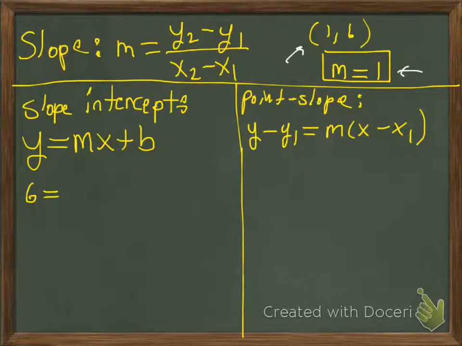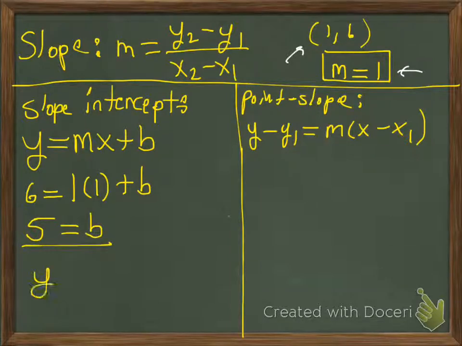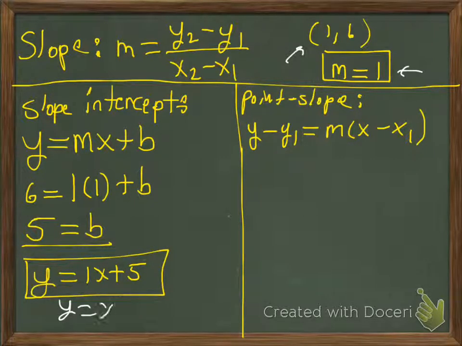Okay. So just plug it in, and what we're trying to do is solve for the b. So we'll subtract 1 from both sides, and that'll become 5 is equal to b. So then we write our equation as 1x plus 5. It's the same thing if you just want to say y equals x plus 5.